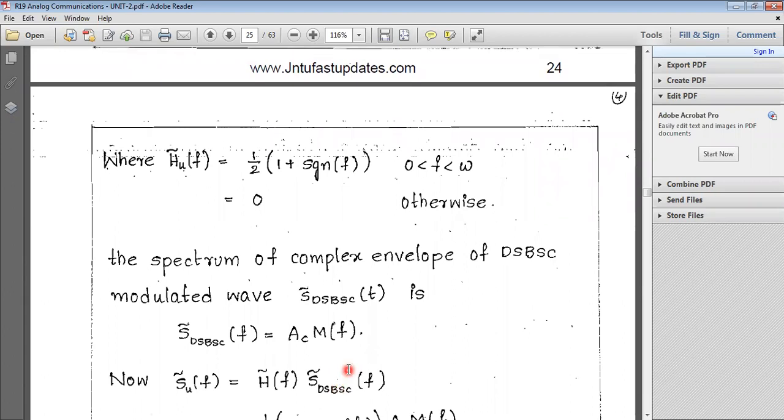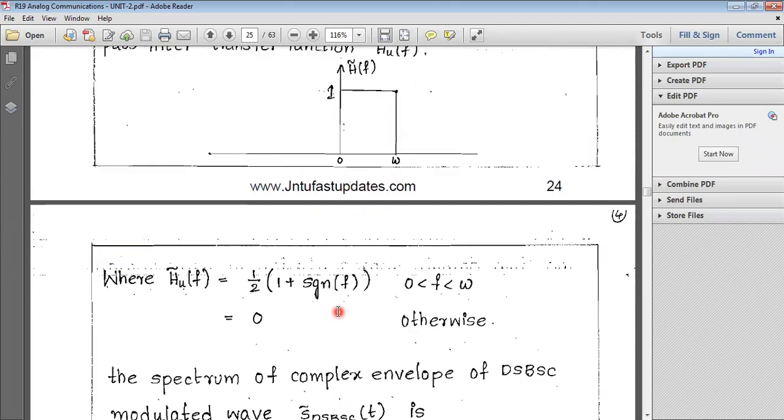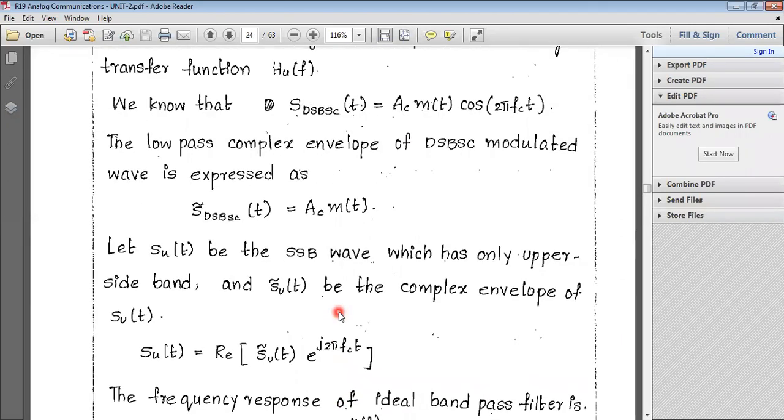Now already you know the value of the complex envelope of DSBSC in time domain. What is the complex envelope of DSBSC in time domain? It is Ac m of t.